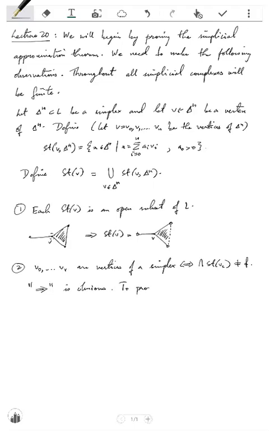To prove the other direction, we have to use the fact that two simplexes can intersect only along a common face.